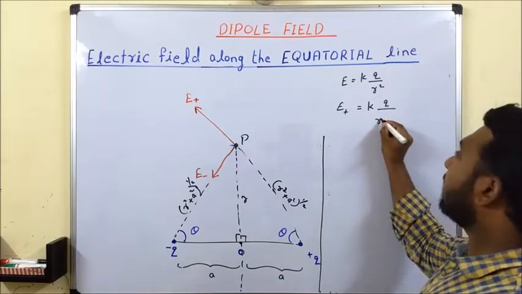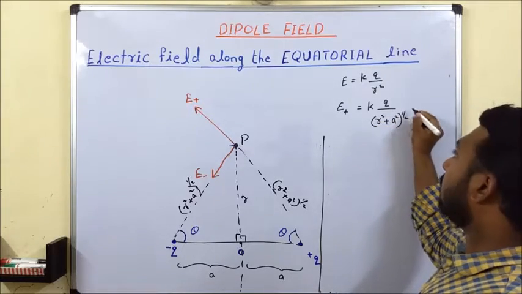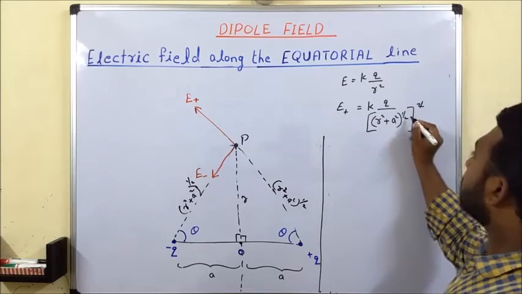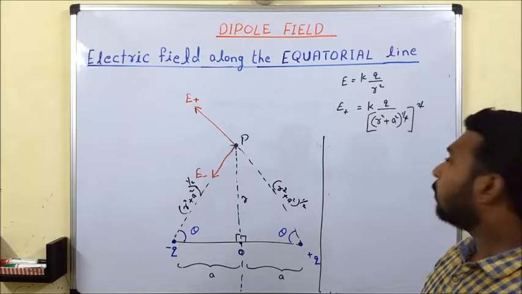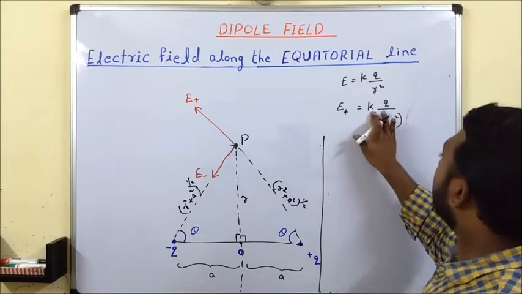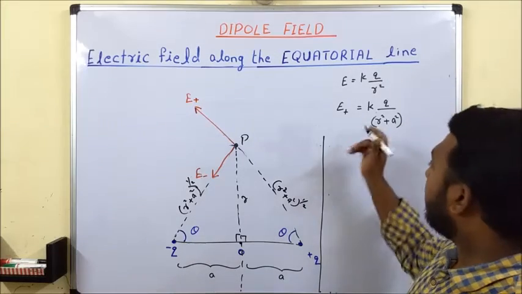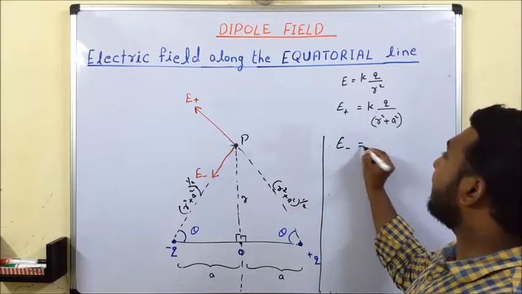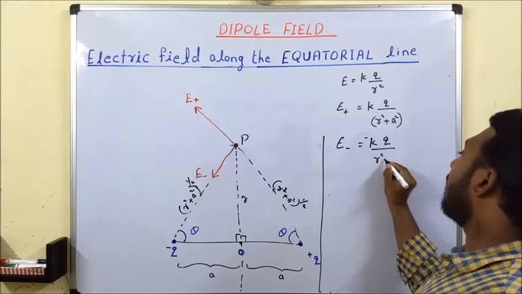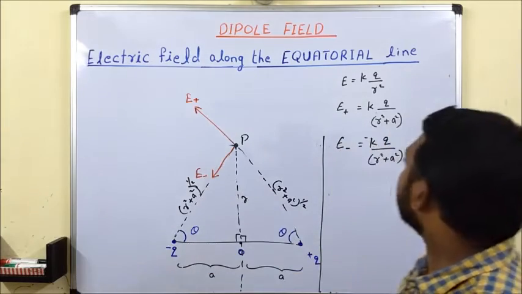It is under root of R square plus A square, whole square. The square and the under root will get cancelled and you will get only R square plus A square. Clear? Even for E minus you will get the same value, that is minus KQ divided by R square plus A square. Clear? The distance is the same.